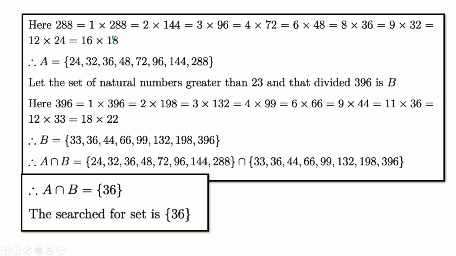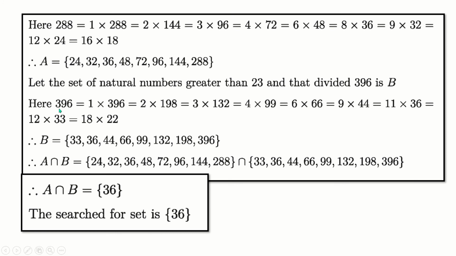That means 16 into 18 also equals 288, 12 into 24 also equals 288, 9 into 32 also equals 288, and in this way, with numbers greater than 23. So the set A equals 24, then 32, then 36, then 48, then 72, then 96, then 144, then 288.